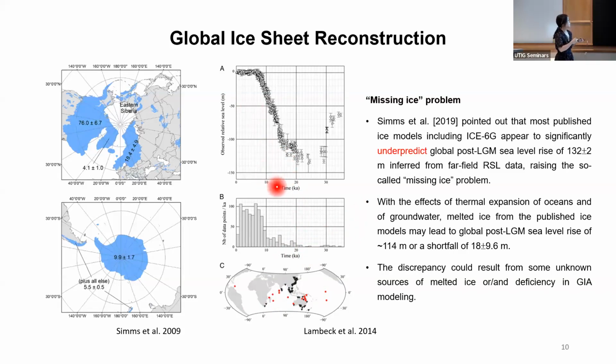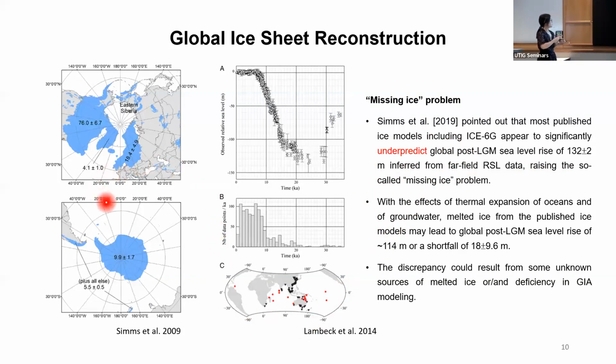But people find something different in the paleo relative sea level data observations. For example, Lambeck showed the post last glacial maximum sea level rise is around 132 meters. This is from data.